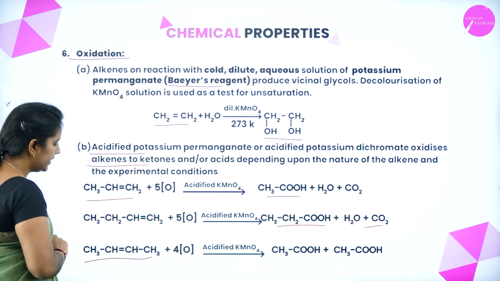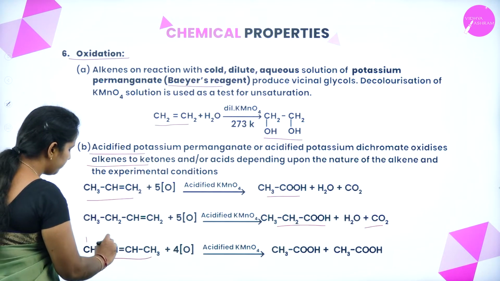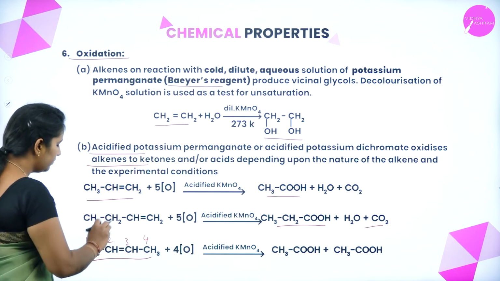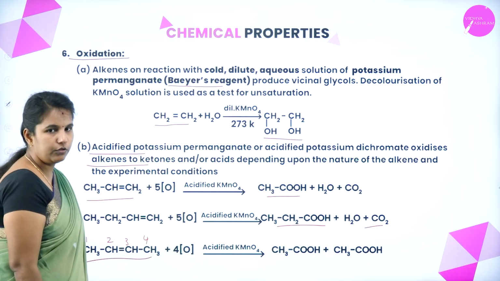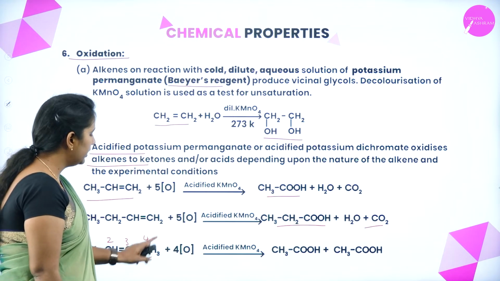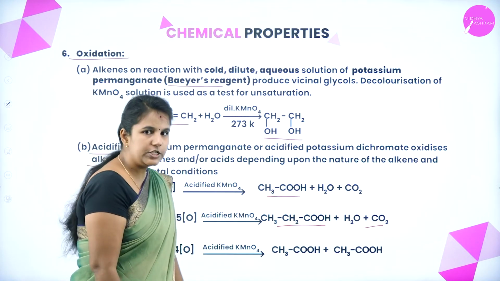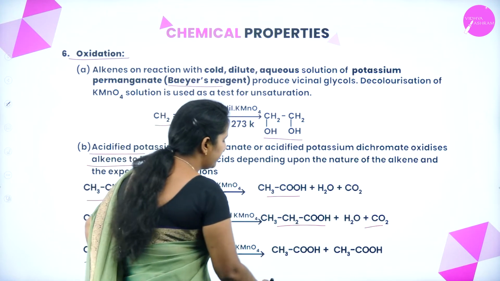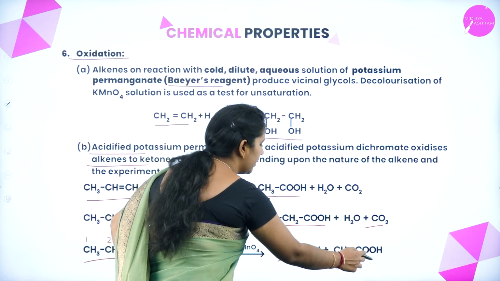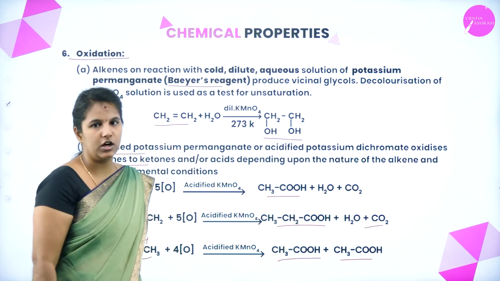Or if you change the double bond, so this is 2-butene, which undergoes oxidation in the presence of acidified potassium permanganate, which gives rise to acetic acid and acetic acid, a mixture.